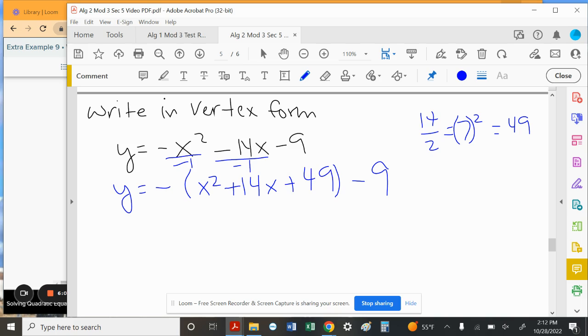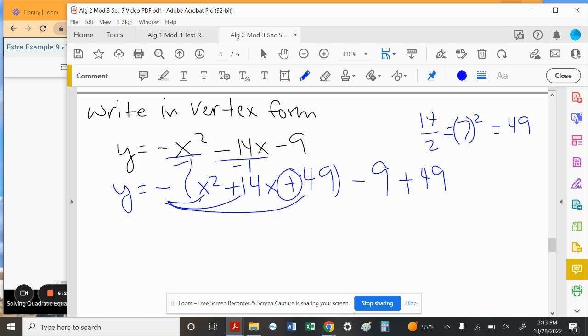Now, normally I would say you're going to come out here and put minus 49. But the problem is, because this negative is lingering right outside the parentheses, if I multiply it back through, it's actually going to change this to a negative, so I really want this to be a positive to cancel.